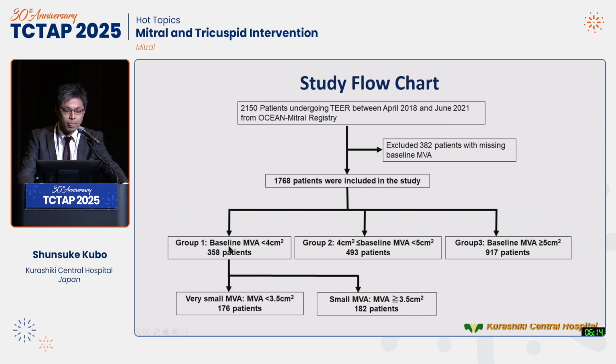Group 1 is the small valve area, less than 4, group 2 included patients with valve area between 4 and 5, and group 3 was more than 5. In addition, group 1 was divided into 2 groups: the very small valve area, less than 3.5, and the small valve area, between 3.5 and 4.0.